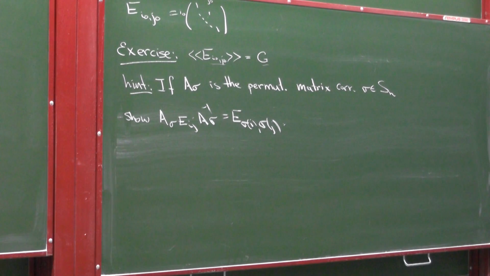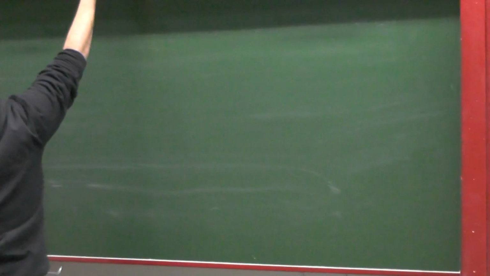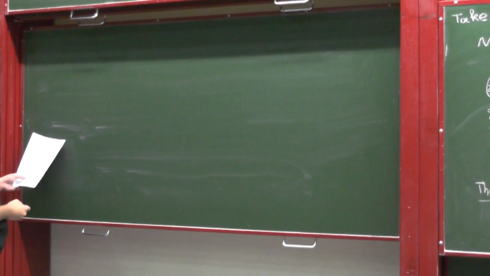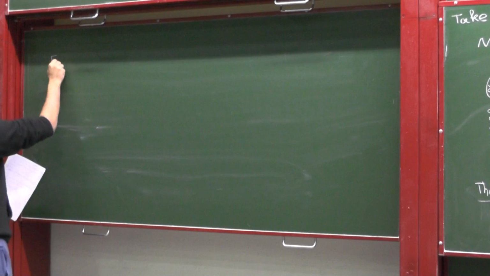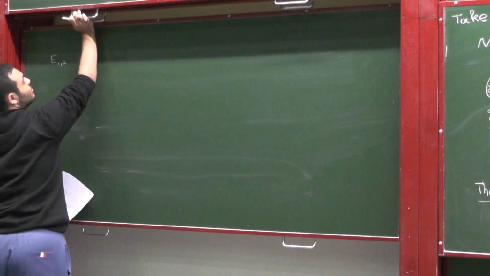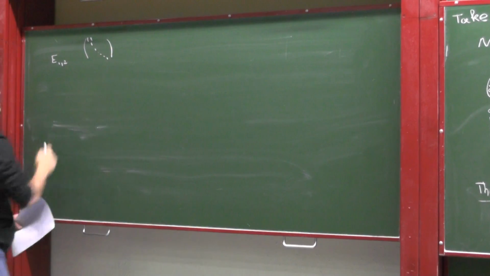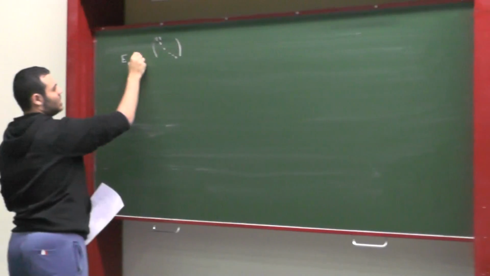So what does this mean? So now take for example E12, this thing. Then it's in U, right?